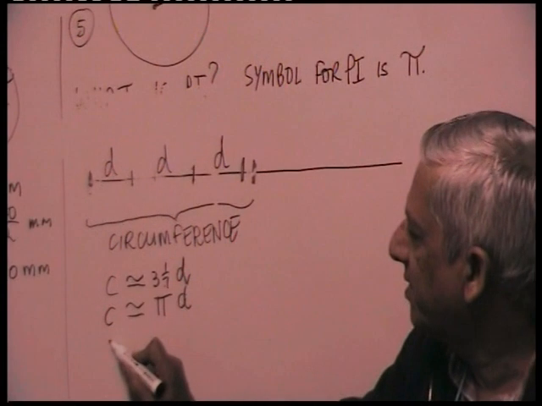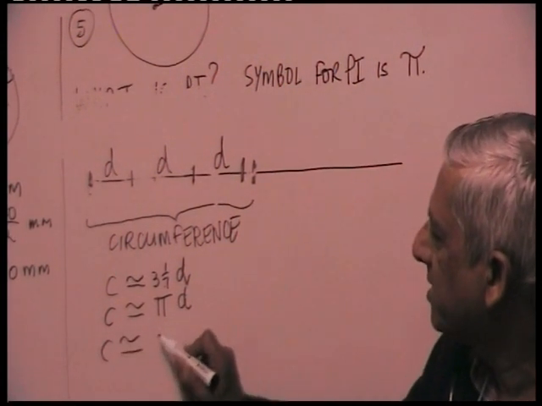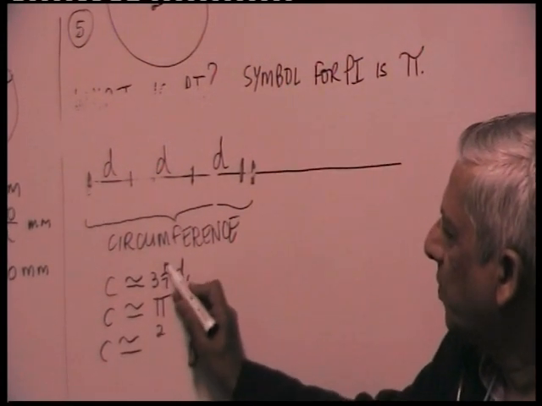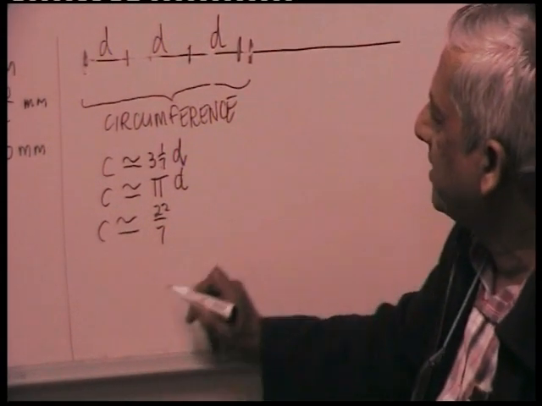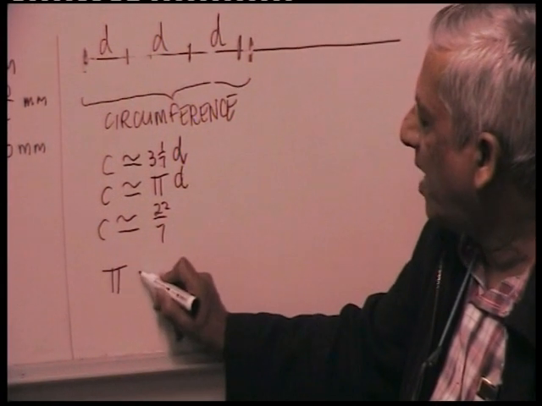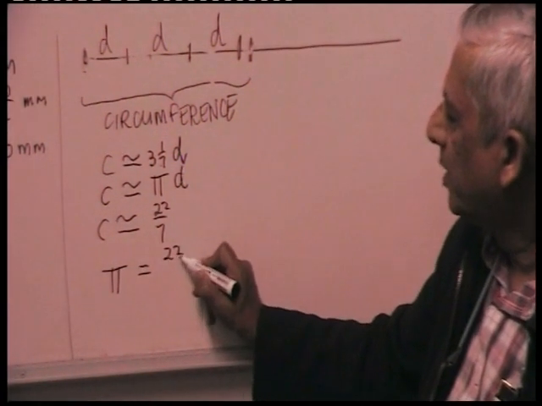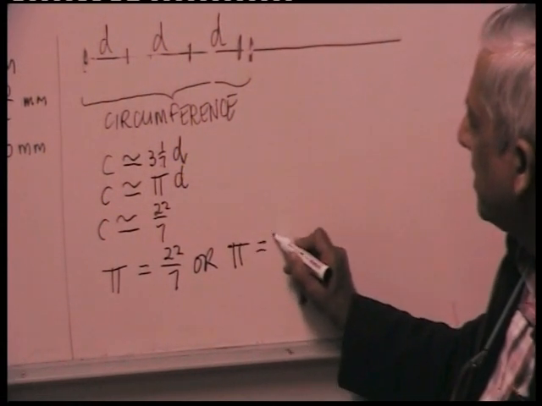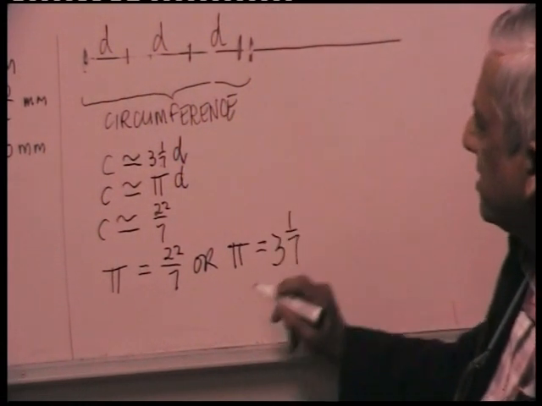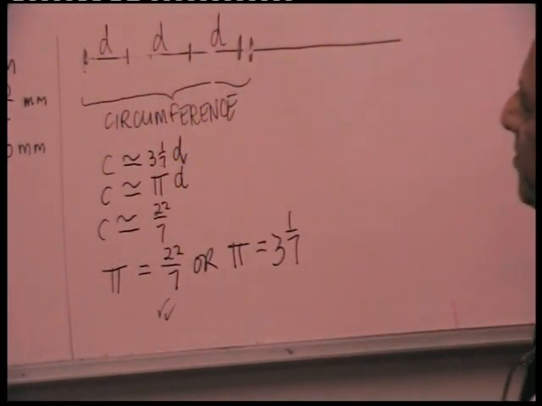So 3 1/7 can also be written as 3 7s 21 and 1, 22/7. So if you don't have a calculator, then you're going to say that pi is equal to 22/7, or you're going to say pi is equal to 3 1/7. Most of the time we use that formula.